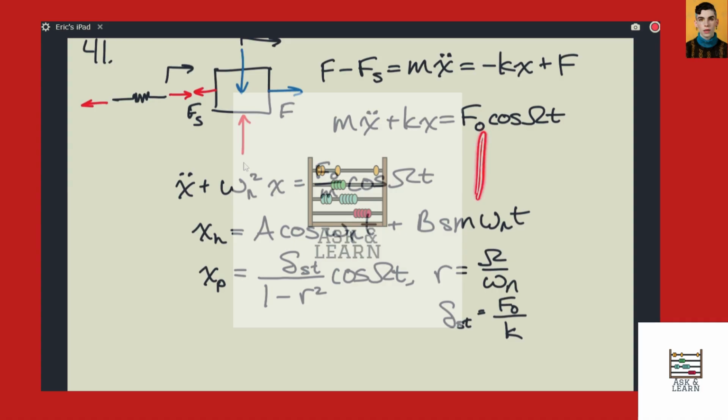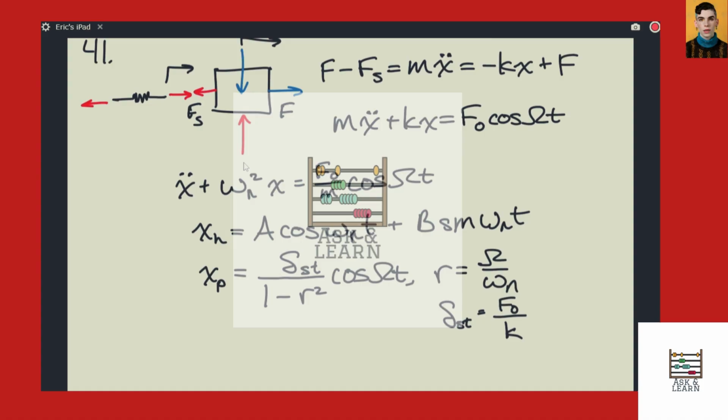So it doesn't immediately explode to infinity, but it linearly grows with time. In steady state, it is infinite, but it doesn't get there instantaneously. The amplitude continues to grow and grow as time goes on. So you can't really say that the amplitude is infinite when r is 1, because the solution breaks down there and you have to get a more generalized solution.